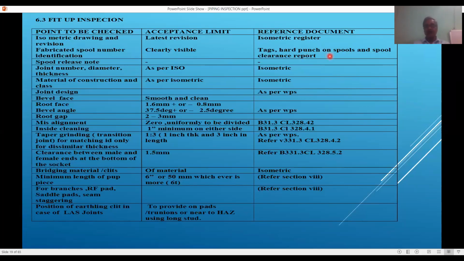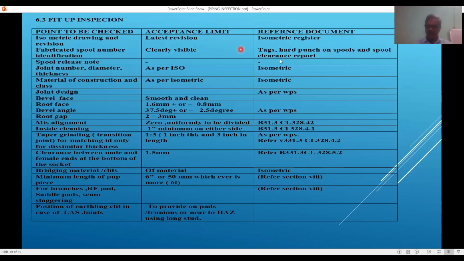Whatever the procedure says, they should complete the fabrication of the spool as per the drawing and specific requirements, and there should be a clearance certificate issued by the inspection engineer from the fabrication yard: this spool is completed as per the norms and specification requirements and can be transported to the erection site.